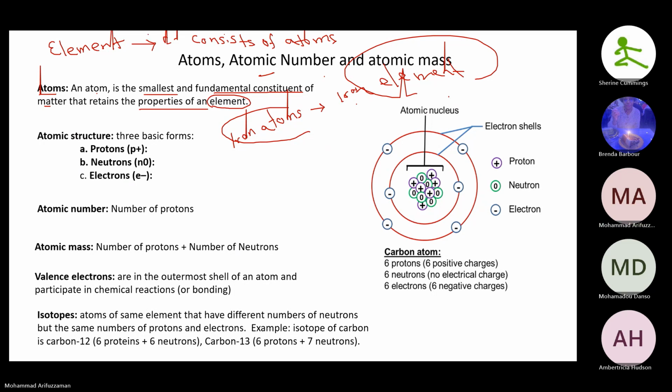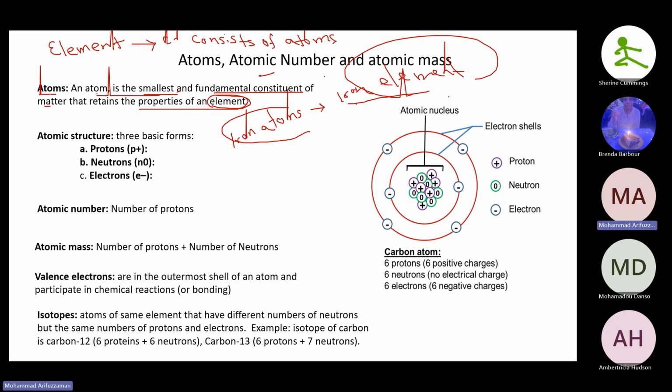And the element cannot be split into simpler substances using normal chemical methods. We cannot split the element. So, for example, the iron atoms make up the iron element. So an element consists of atoms, and the atom is the smallest and fundamental constituent of an element. So the smallest particle of an element is called an atom.